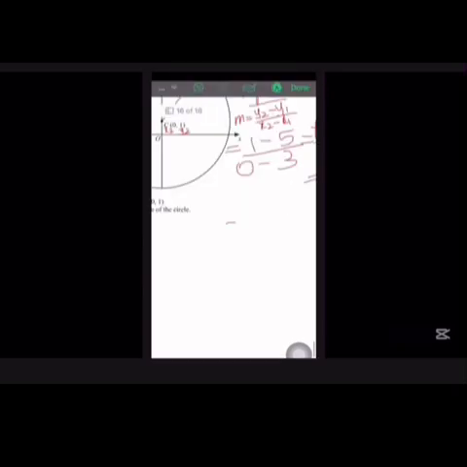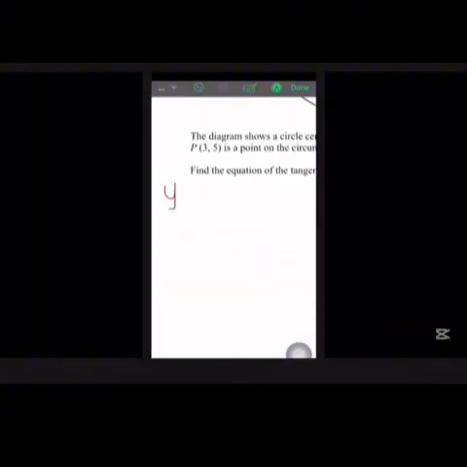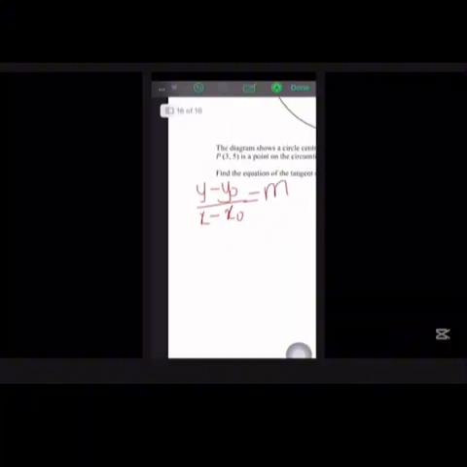You can see first that the tangent is perpendicular to the radius, so the gradient is the reciprocal of the negative. So it will be minus 3 over 4. Okay. Now we have to find out the formula of the tangent at P, which is y minus y naught over x minus x naught is equal to m.